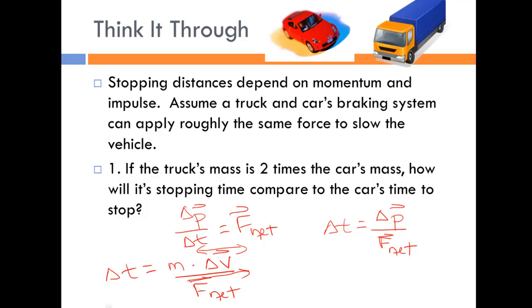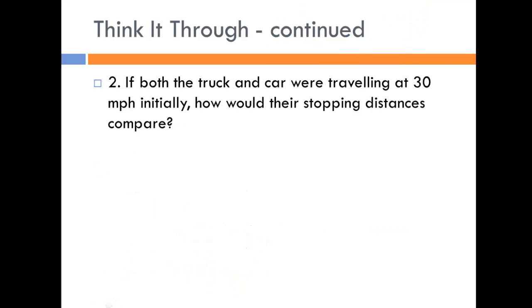The truck and the car's brakes can apply approximately the same force, but the mass of the truck is larger by 2. So if I multiply that by 2, that means this time to stop is also going to go up by 2. So think about that. If you've got a big truck coming up behind you and you can see you might need to stop, it might make sense to change lanes if you have that capability.